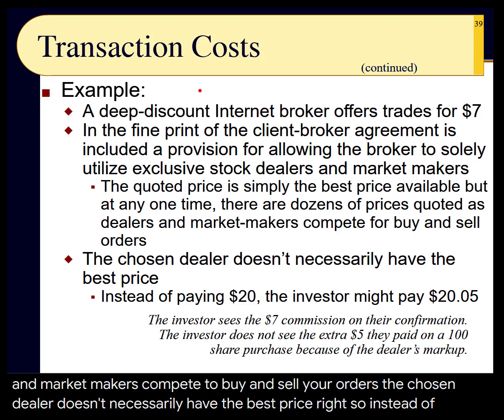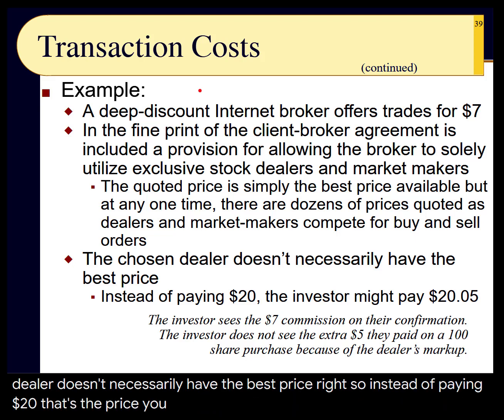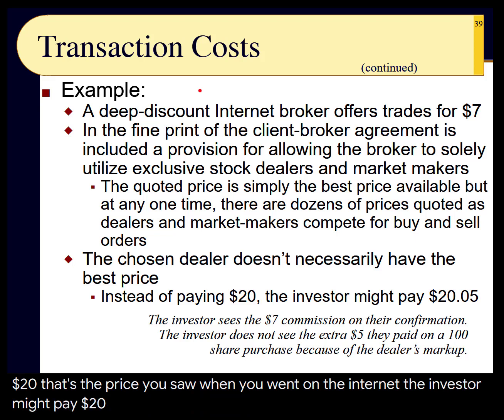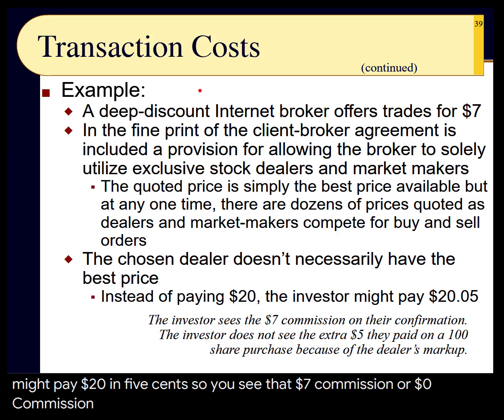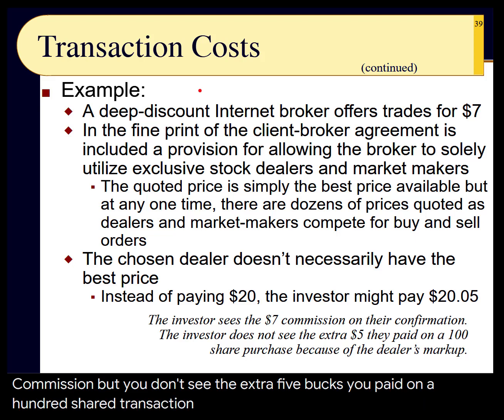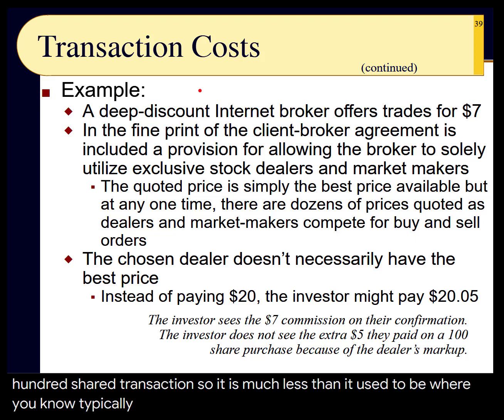So instead of paying $20, the price you saw when you went on the internet, the investor might pay $20.05. So you see that $7 commission or $0 commission, but you don't see the extra $5 you paid on a 100 share transaction.